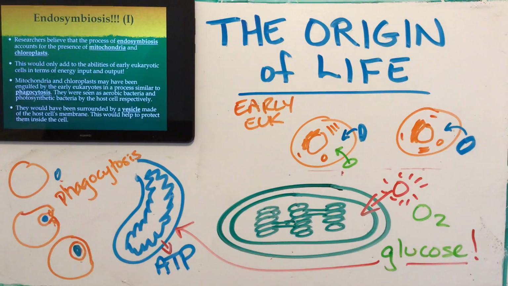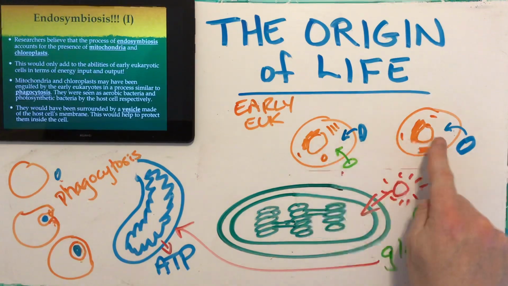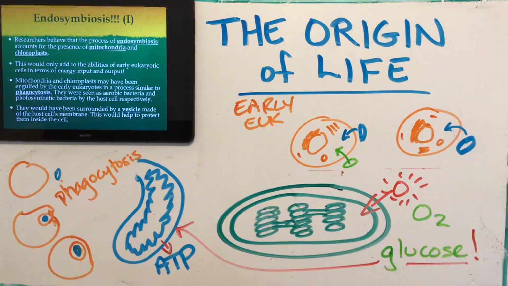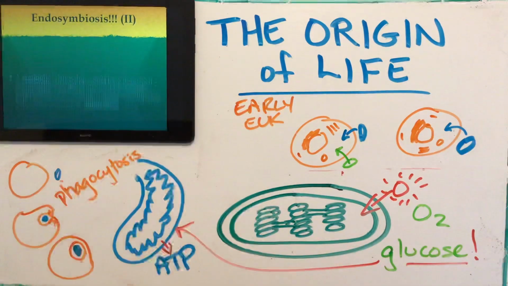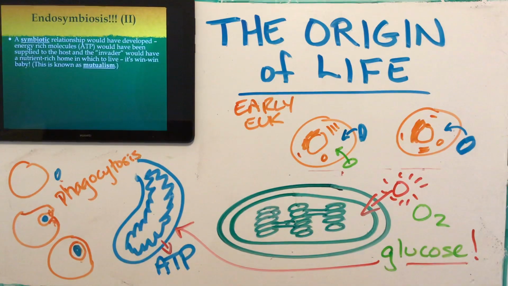And that's what they believed would have happened, is these little bacteria, prokaryotes, got engulfed by the early eukaryotic cells. And then they found out just how good they are, right? So they would have engulfed it, probably thought, I'm going to break it down, use it for energy, and then realize, whoa, wait a second, this one's making a ton of energy, and this one's processing it and making even more.